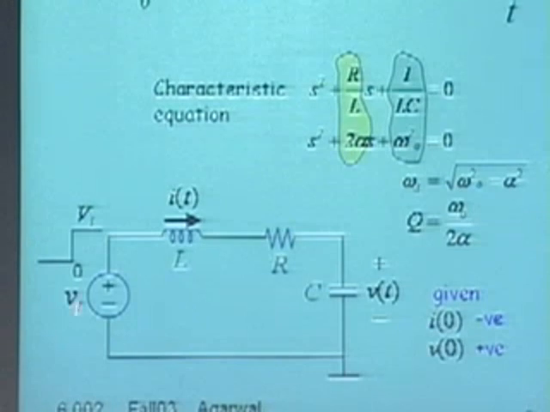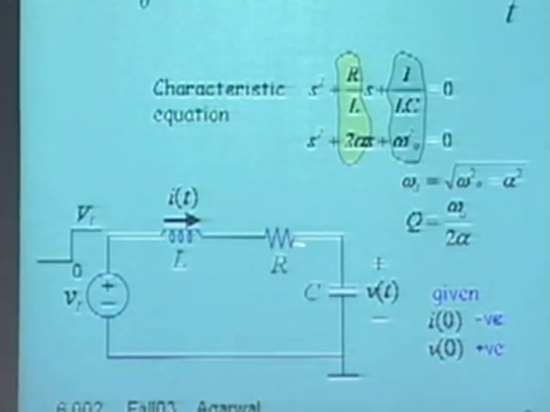Whether you're looking at L up here or C up here, as long as you're looking at the capacitor voltage, it is going to behave the same. And for this circuit, the characteristic equation remains the same as well. For a series RLC, it's exactly this.